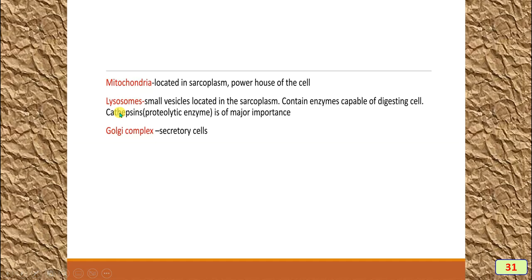Very similar to many other cells of the body, lysosomes are also small vesicles located in the sarcoplasm, which contain enzymes capable of digesting a particular cell. Cathepsins are the proteolytic enzymes of major importance, followed by the Golgi complex and secretory cells.